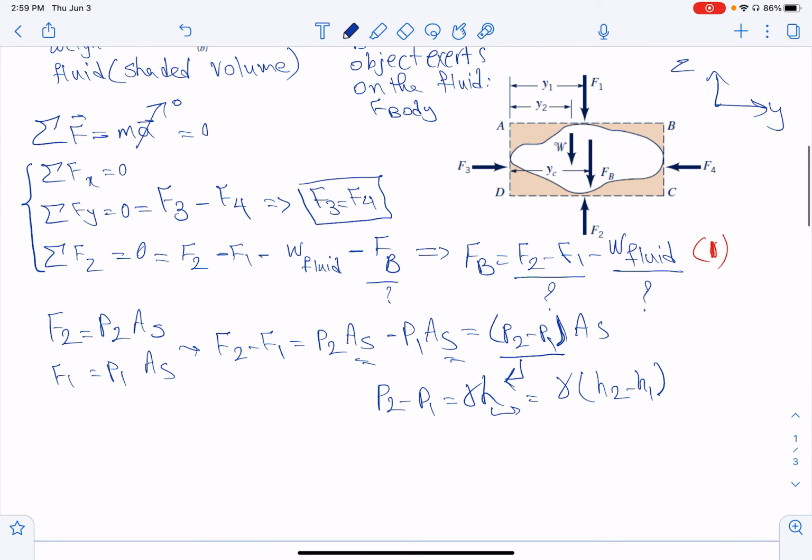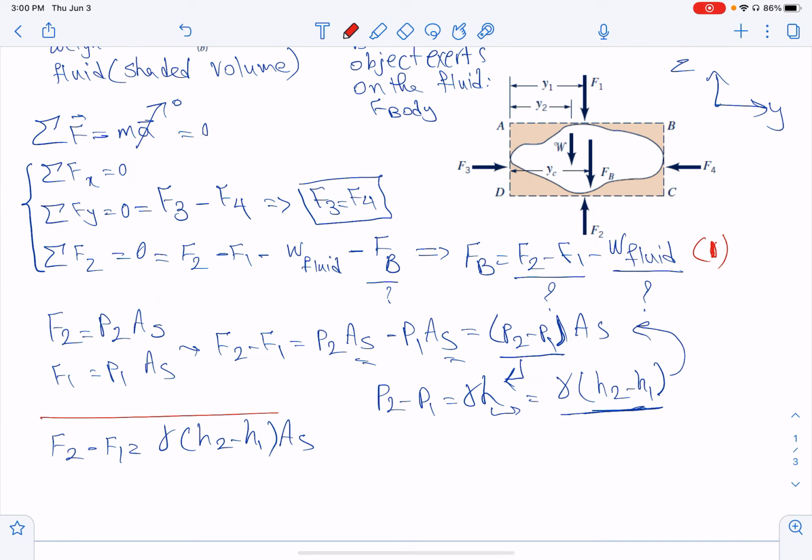And then if we plug this into the previous equation, we're going to have, at the end, F2 minus F1 equal to gamma times H2 minus H1 times AS, right? This is another equation that we have here, so we're going to call it number 2. And this is the other one.